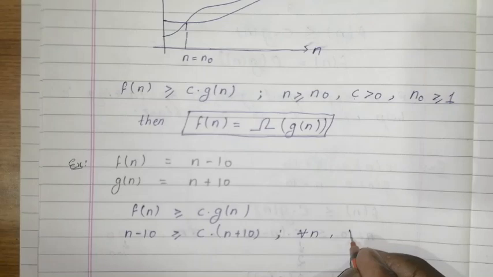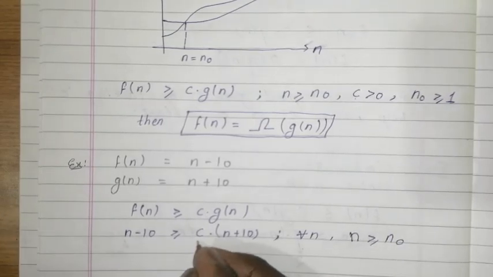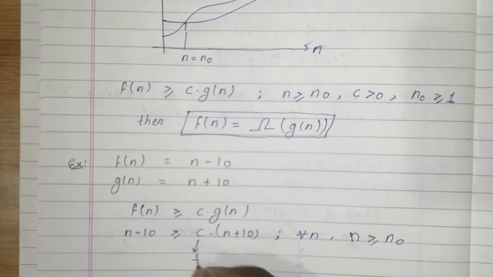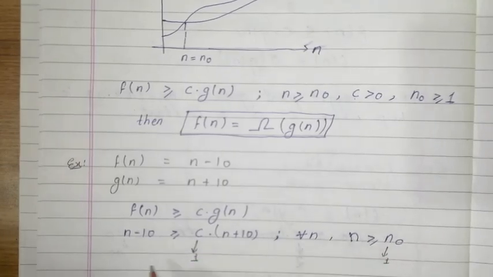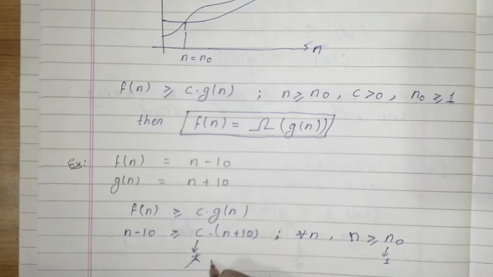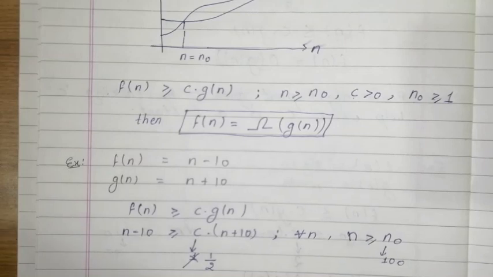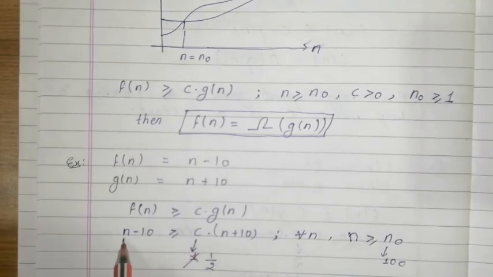So here we put the value of c, for every n where n is greater than or equal to n naught. If we put the value of c as 1 and n naught as 1, then n minus 10 greater than or equal to n plus 10 is not true. Now we put the value of c as 1 by 2 and n naught as 100. Now this is n minus 10 and this is n by 2 plus 10 by 2, which is 5.